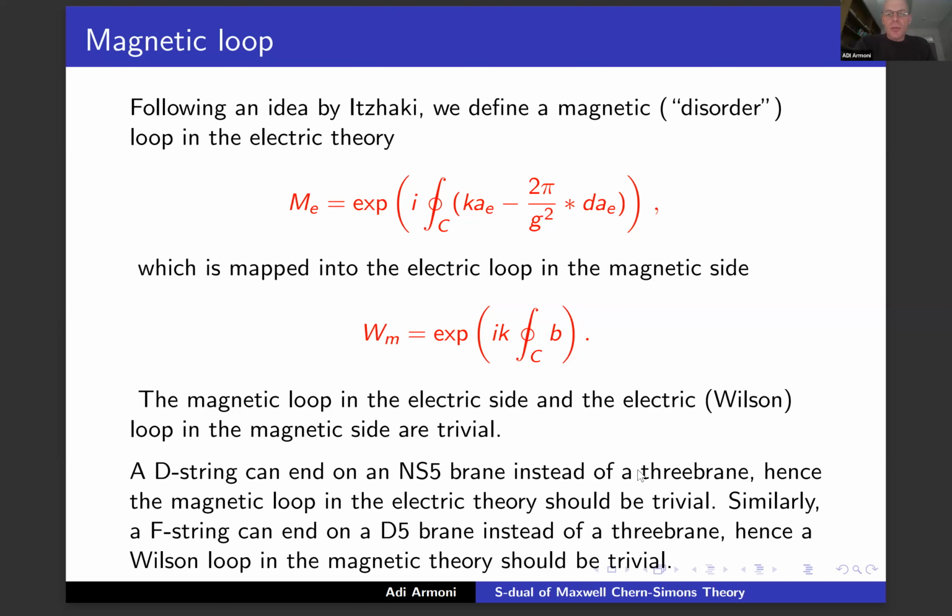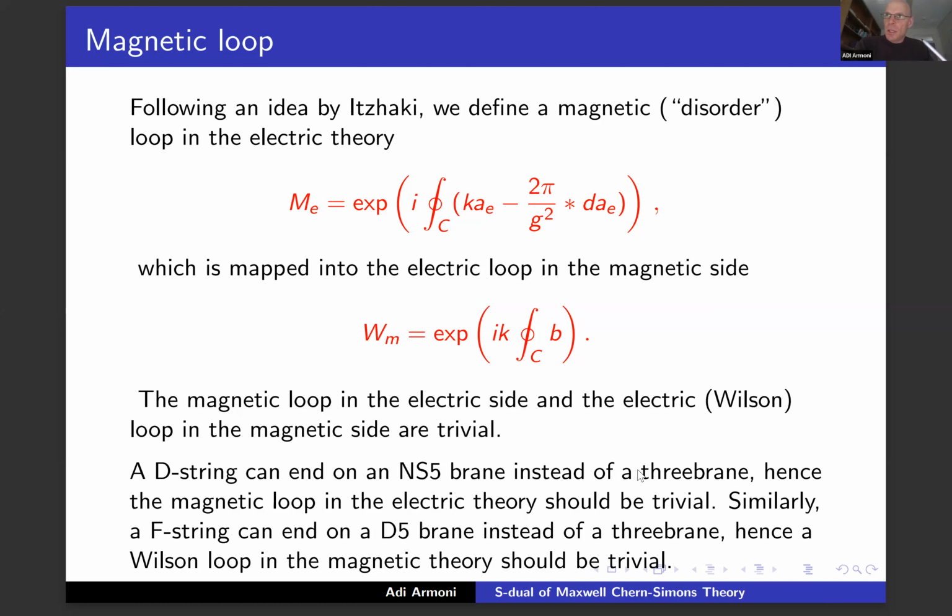Now, you can show that it's trivial using field theory techniques. It's easy to understand why it's trivial in the magnetic side. In the magnetic side, we have K in front of the B. So if previously we had the operator G, this is G to the power of K. But G was something that measured Z_K charge.